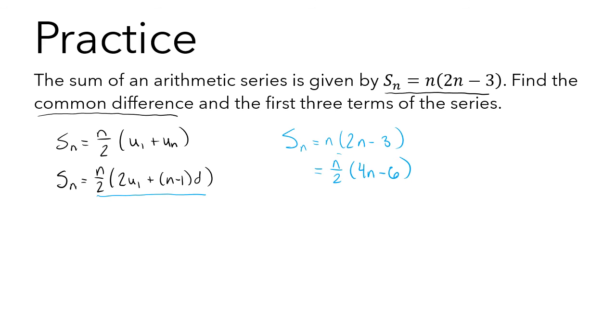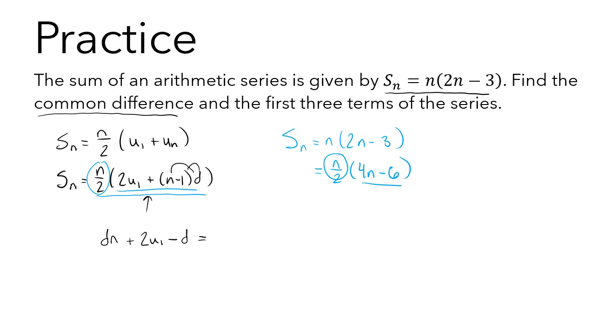So I can see that the n over 2 and the n over 2 match. So the insides must match. Let's rewrite this one in a different way. This is actually dn plus 2u1 minus d, if I was to distribute this and simplify.